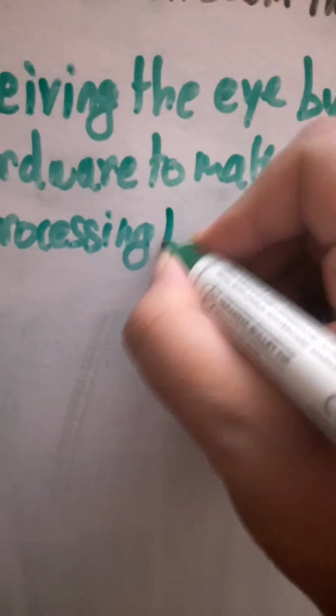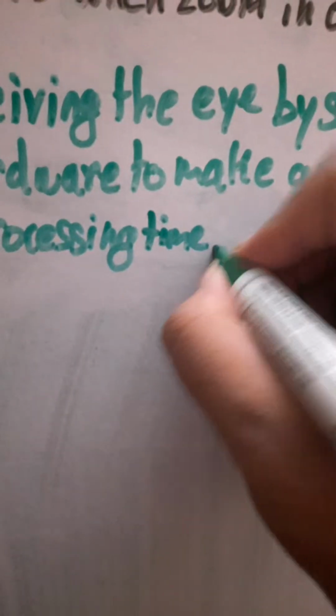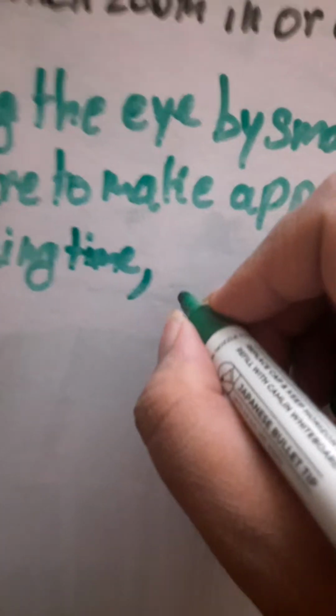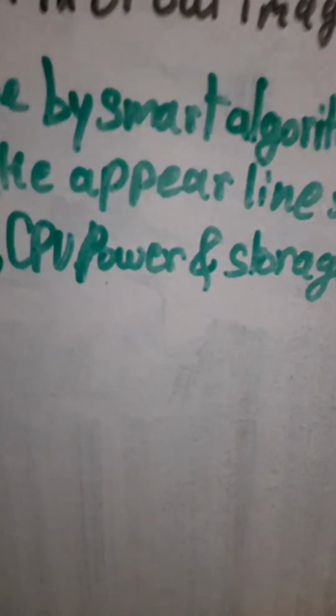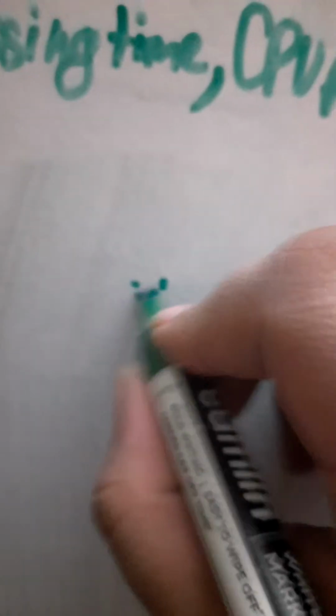So taking high processing time, CPU power, and storage is called anti-aliasing. What you know is this is your problem, that your image looks jagged or not smooth, rough. In anti-aliasing you just fool your eye by making the dots much closer. When you do that, it looks continuous.